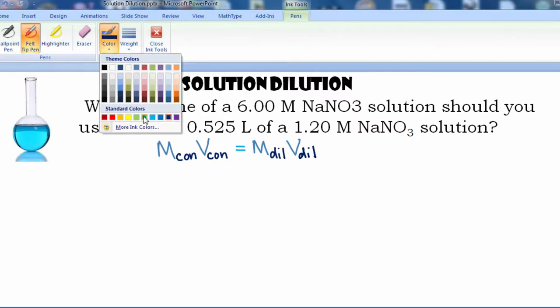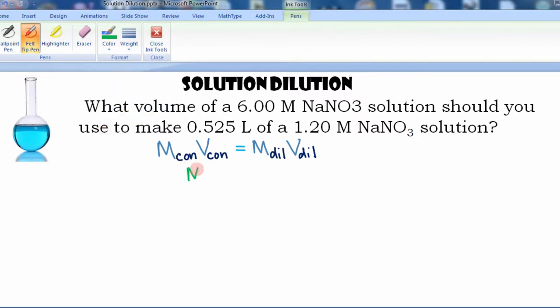And that's the same thing we have in our book, that M1V1 equals M2V2. Now I write it this way so we can better put labels on them and identify concentrate and dilute in the problem. So look and compare what we have. We have a 6 molar solution and a 1.2 molar solution.